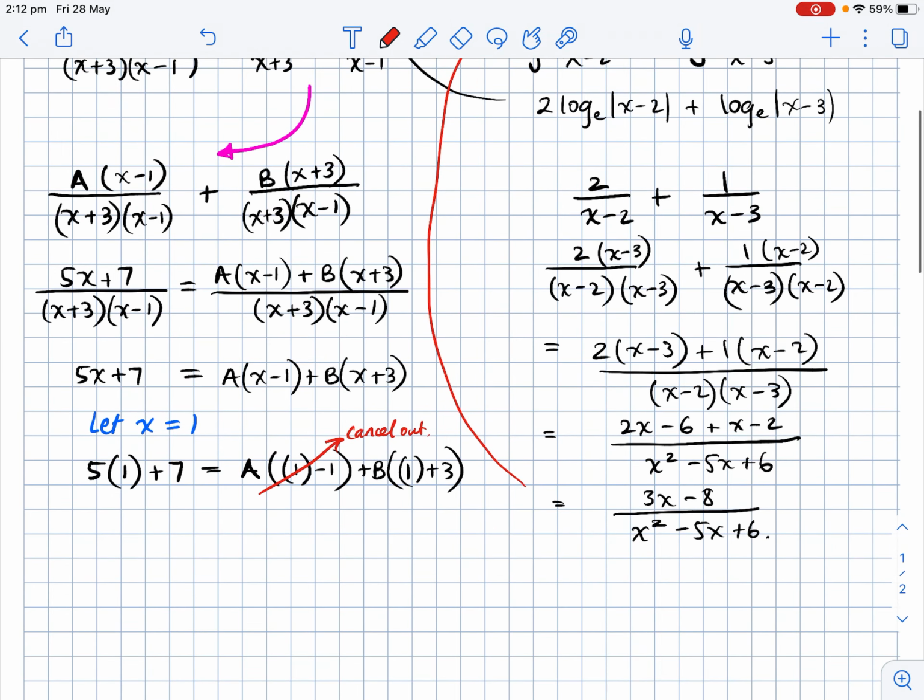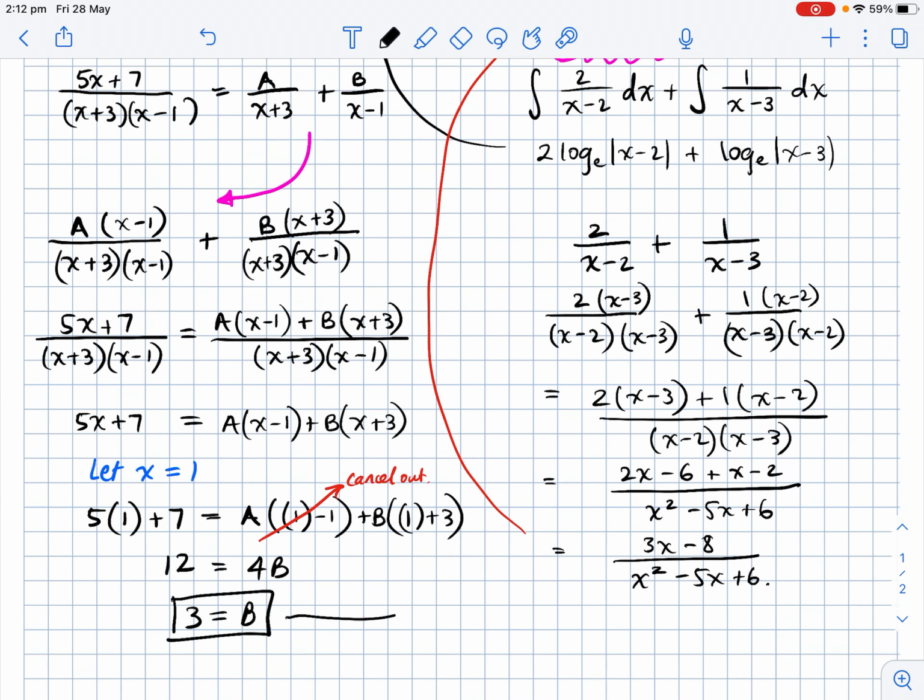It'll equal 0. So by selecting x equals 1, on the left hand side my equation becomes 12. 5 plus 7 is 12. The a value disappears and I get 4b. So from here I find that 4b equals 3. Sweet. We have just actually found out the numerator for one of my fractions.